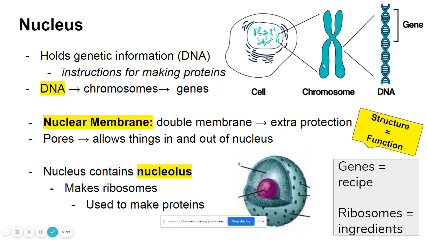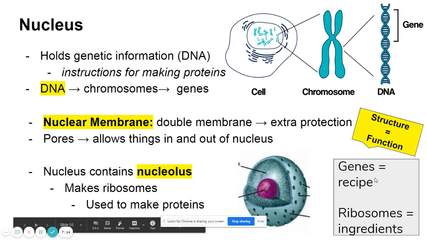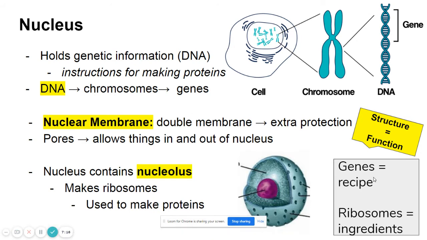On this chromosome, there are these regions that are known as genes. And think of these genes as, again, the instructions or the letters that are found in the recipe. As the cell reads these instructions, which are found specifically on the genes, it is able to make the proteins.